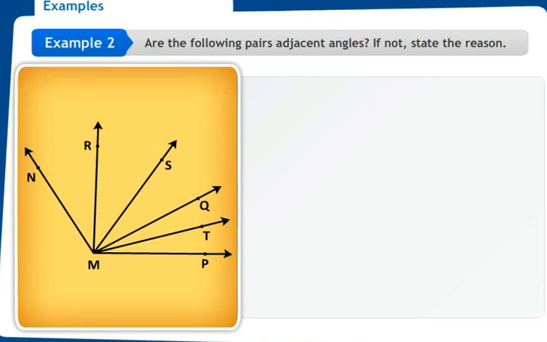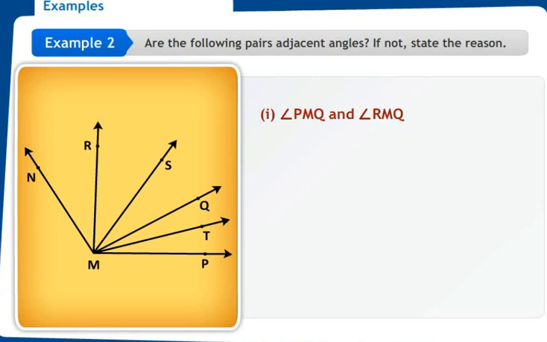Now even though some angles have a common vertex and common arms, the interiors are not separate. That means along with the first two, the third condition, that the interiors should be separate, should be applicable. Only then we can understand.